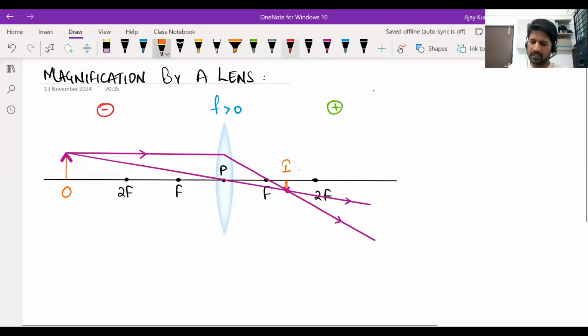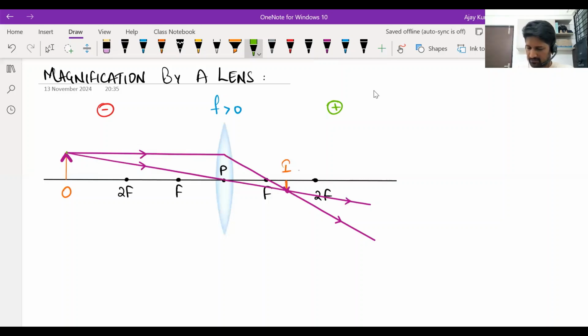So we take one ray parallel to the principal axis. It passes through the focus after refraction. We take the other ray through the optical center of the lens. That ray does not undergo any deviation. There is another way also to do it. You can consider a ray passing through the focus on the left side.